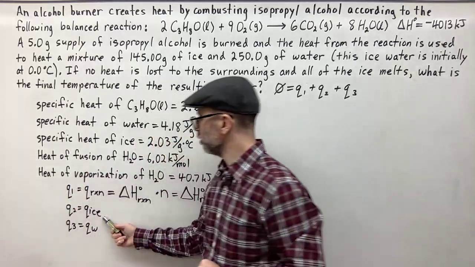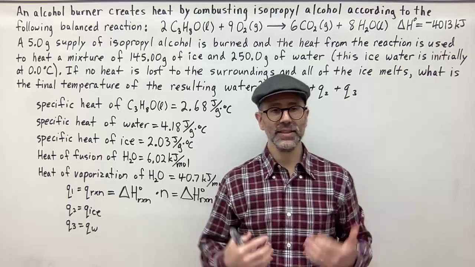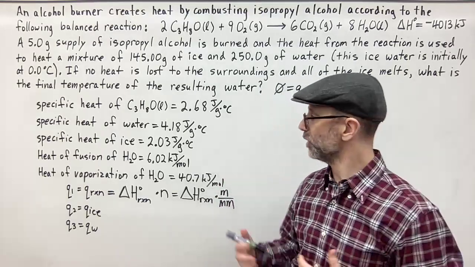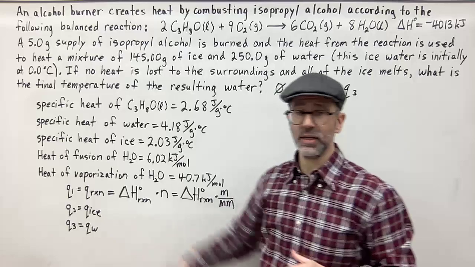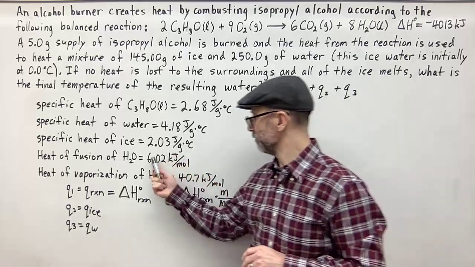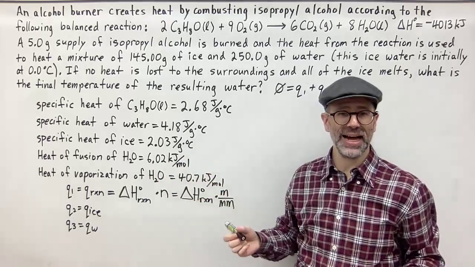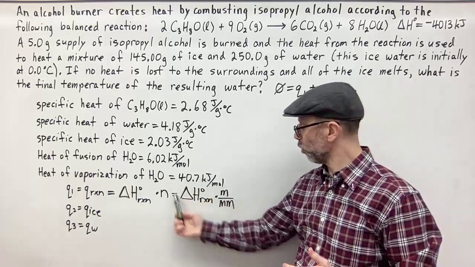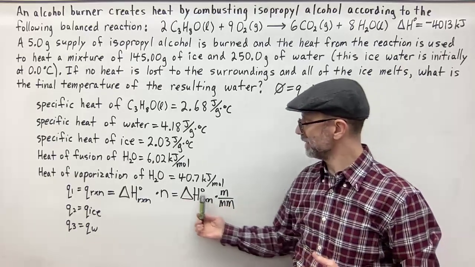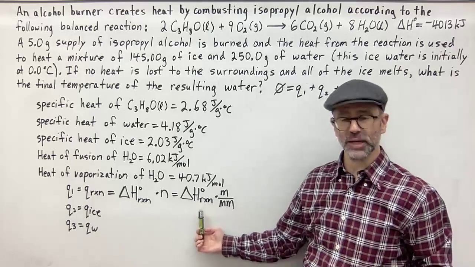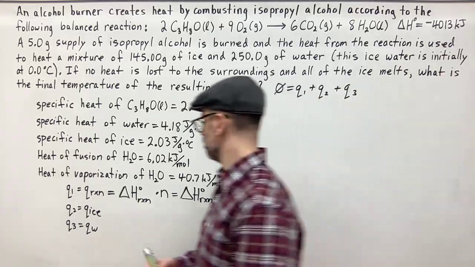What about Q of ice? Well, the ice is going to melt. So melting is going to involve the heat of fusion. So again, notice that I have kilojoules per mole for the heat of fusion. So I've got to do the exact same thing. So I'm going to use this formula. The only difference is instead of having the standard enthalpy of the reaction, I'm going to have the heat of fusion of ice.